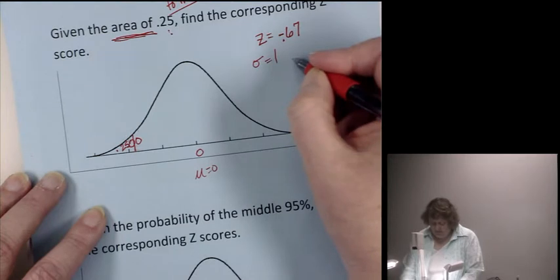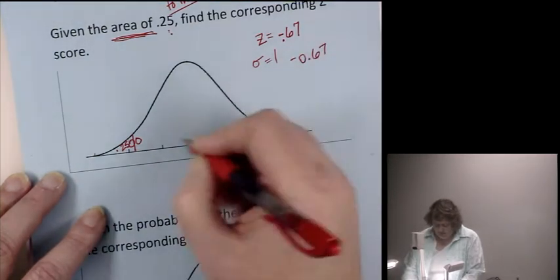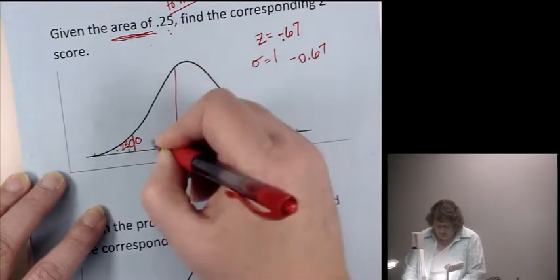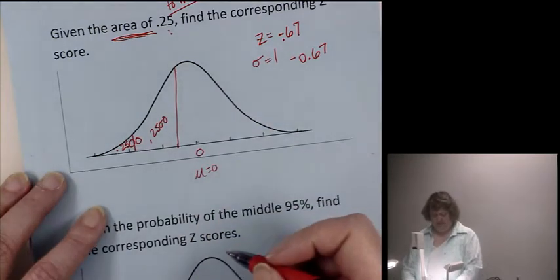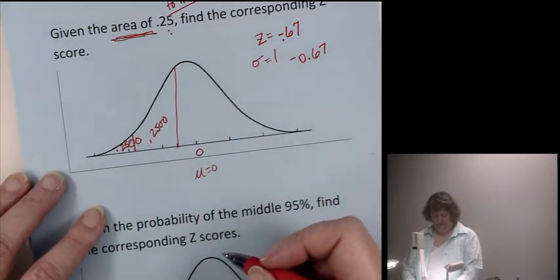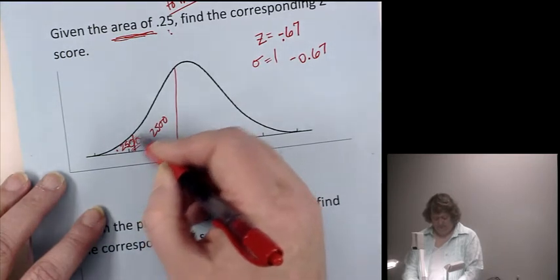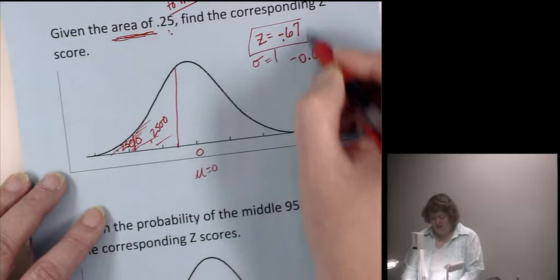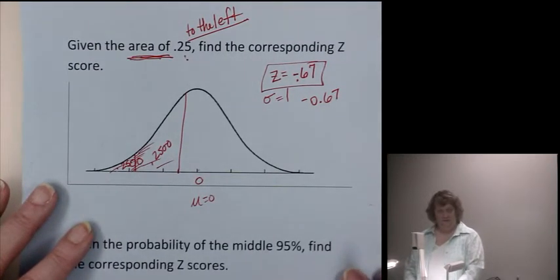And I could put the 0 in front of it if I wanted to. So technically it should be about right there to put the area at 2500. But it doesn't have to be drawn to scale, and that's the z-score that corresponds to an area of 0.2500.